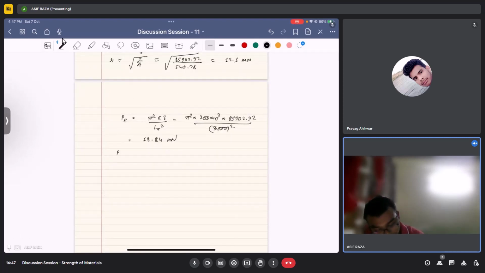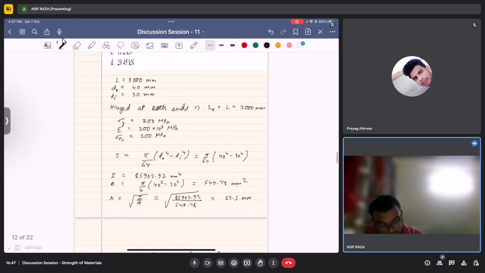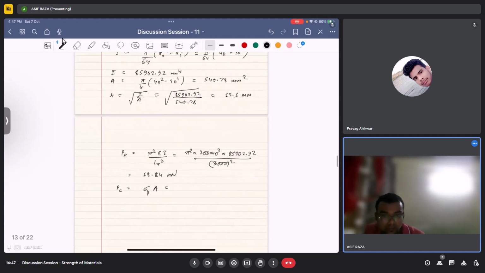Now PC would be sigma y times A, and sigma y is 300 times A is 549.78. This would give me Newton. I need to find it in kilonewton.